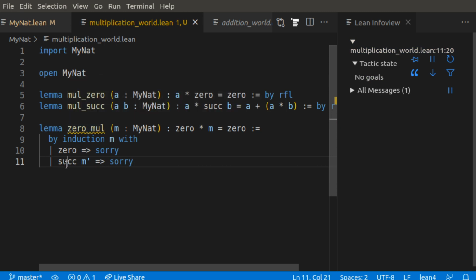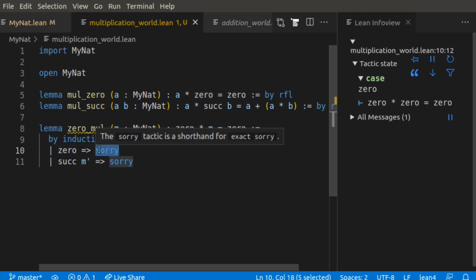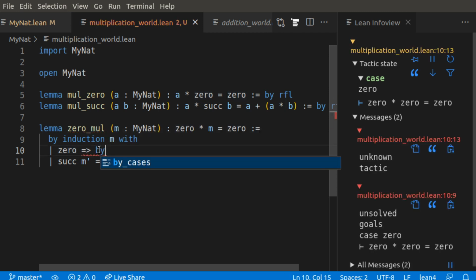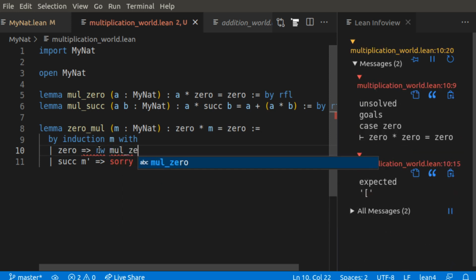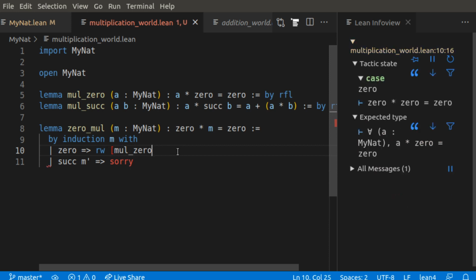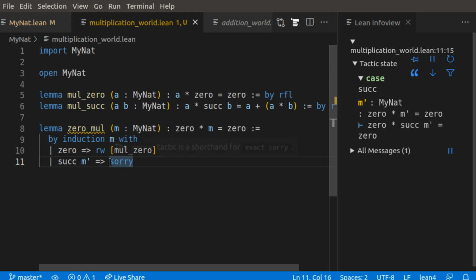Okay, so in this case, we have 0 times 0, and well, we could just do that by rewriting mul 0. That takes care of that case, and then for this one, we have the hypothesis that 0 times m prime equals 0, and we have the case 0 times successor of m prime.